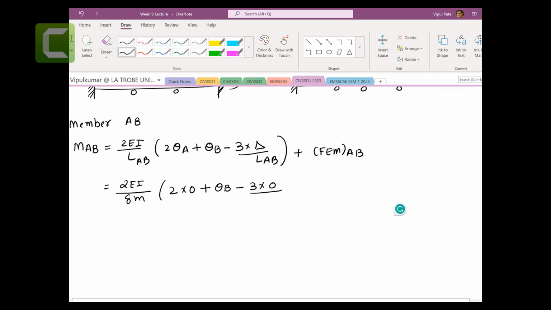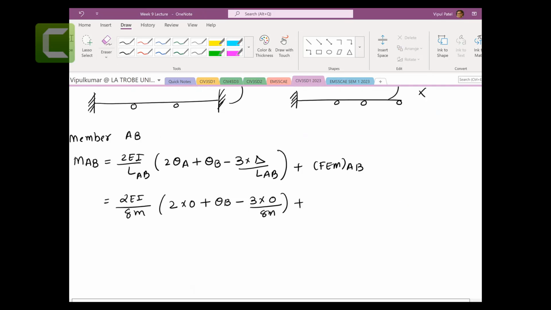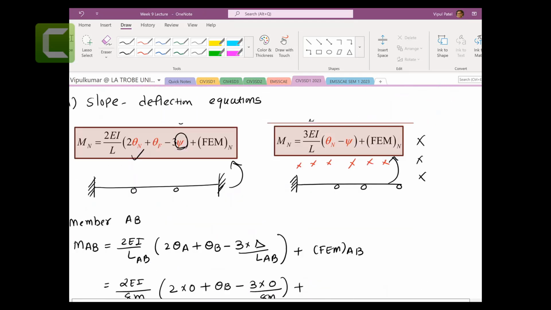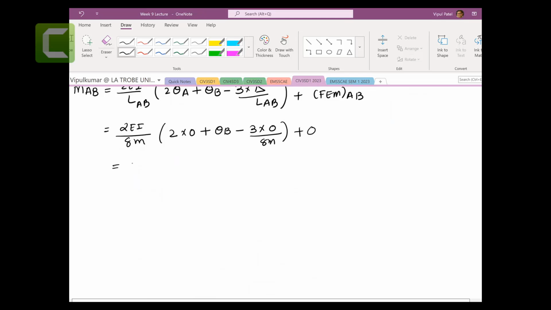Length is 8 meters, and the fixed end moment for AB is 0, which we calculated. So we substitute: 2 and 8 cancel, making it EI over 4 theta B. So that's your equation for MAB.